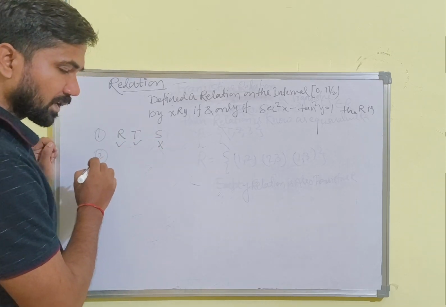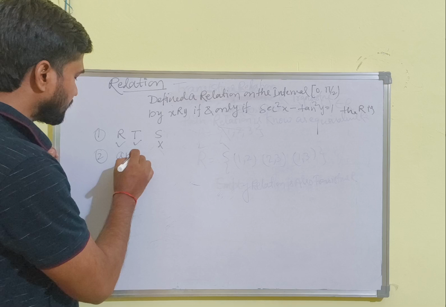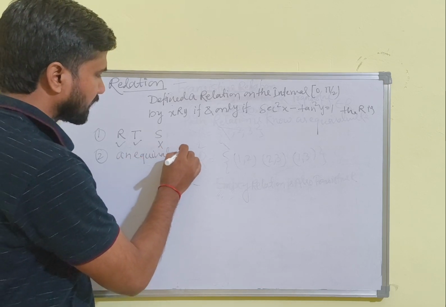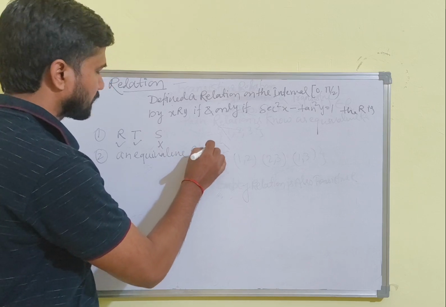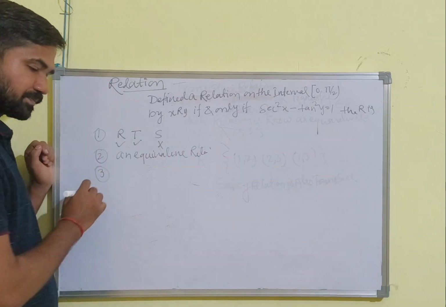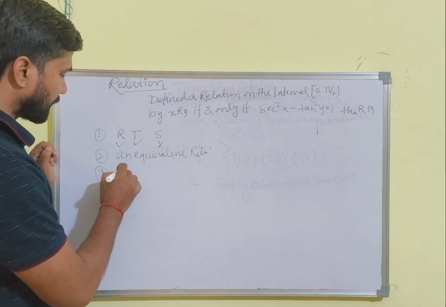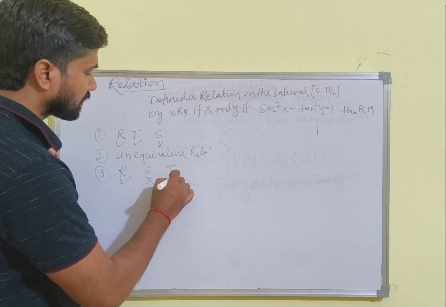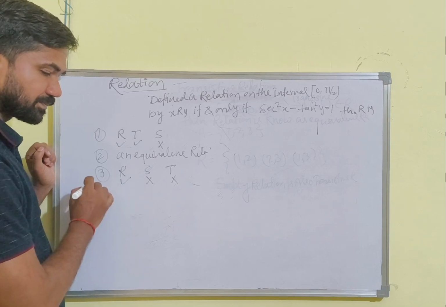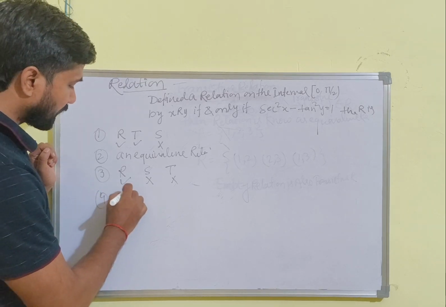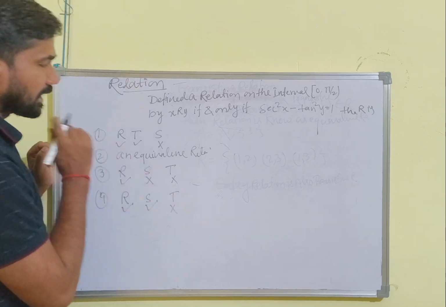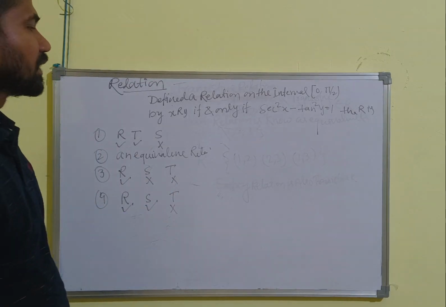Second one is given, an equivalence relation. Third option is given, reflexive but not symmetric, not transitive. Fourth option is given, both reflexive and symmetric but not transitive. Let's check which option is correct.